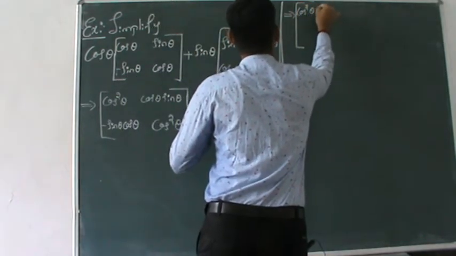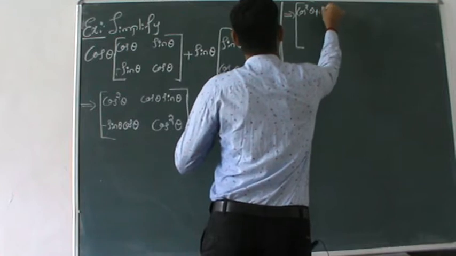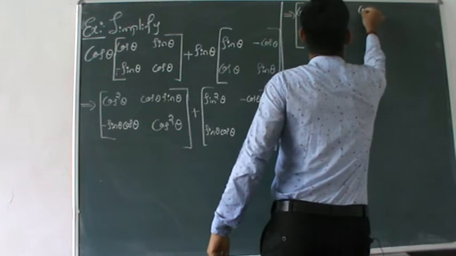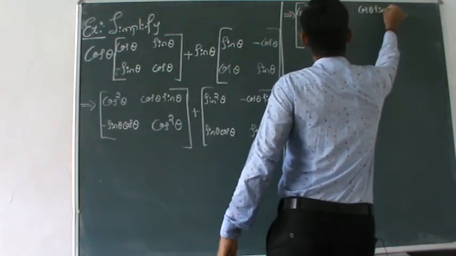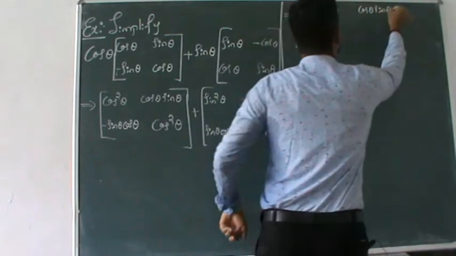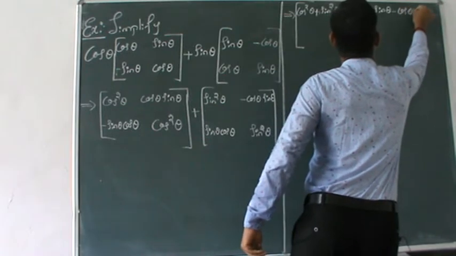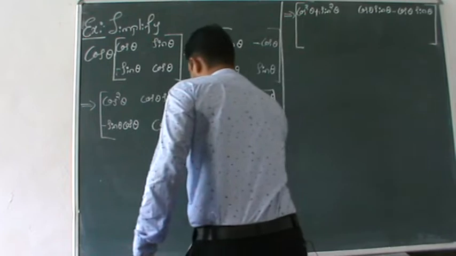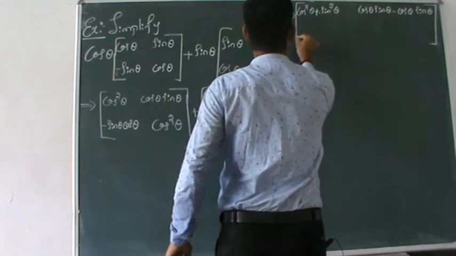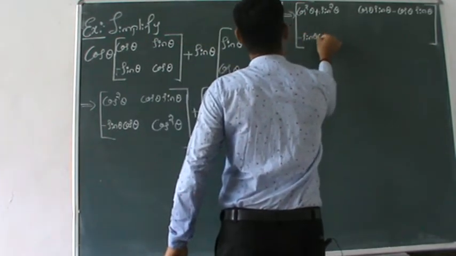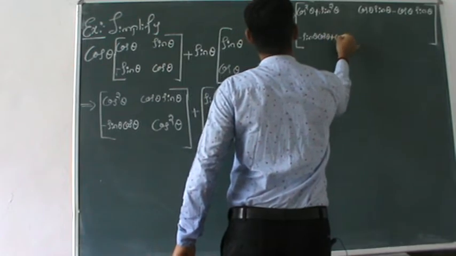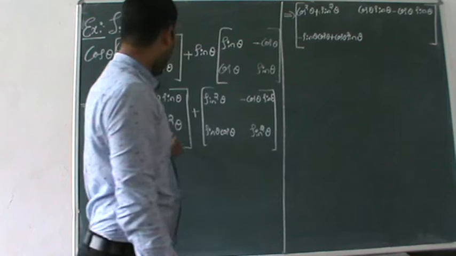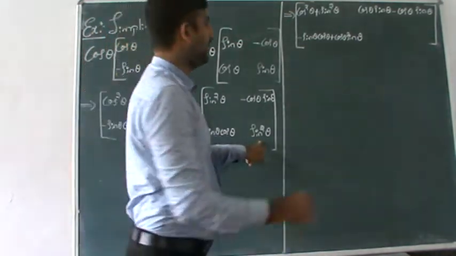After that, cos theta sin theta minus cos theta sin theta. After that, minus sin theta cos theta plus cos theta sin theta. After that, cos square theta plus sin square theta.